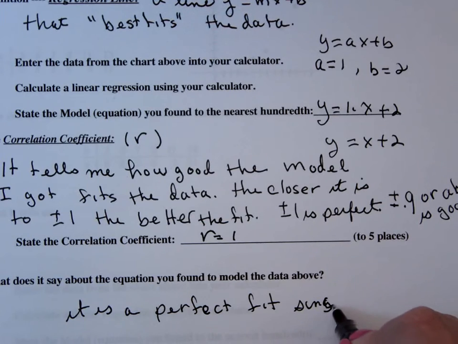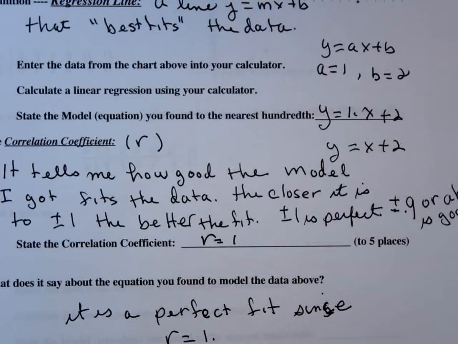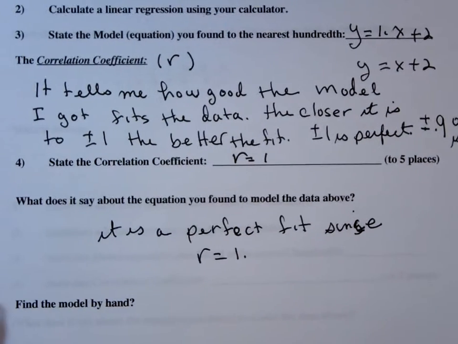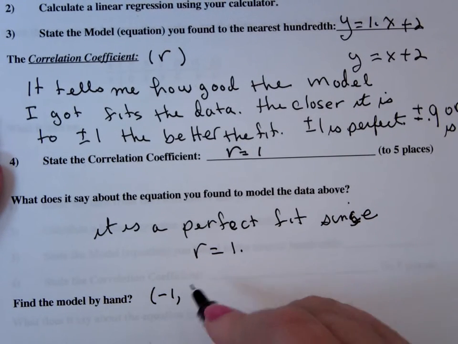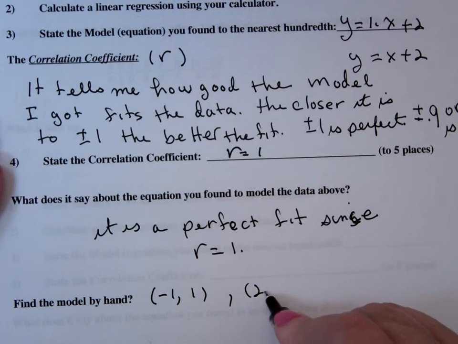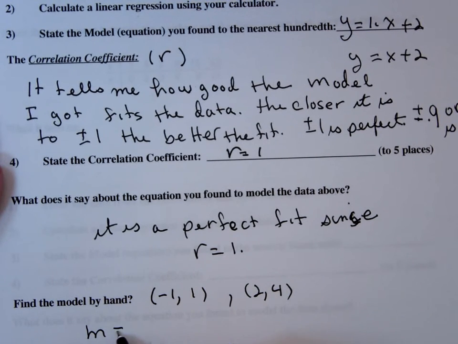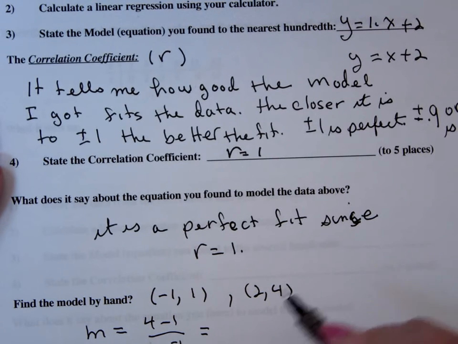Since R equals 1, let's find the model by hand. Well, I have 2 coordinate points. With the 2 coordinate points, I can find the slope, which is 4 minus 1 over 2 minus negative 1, which is 3 over 3, which is 1.